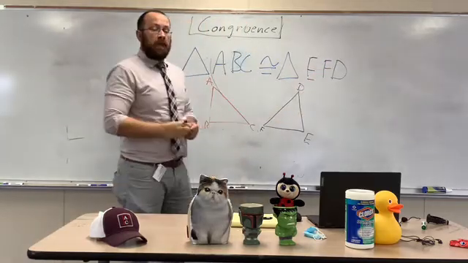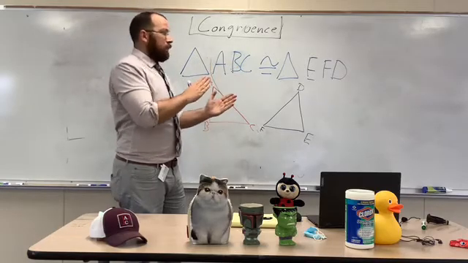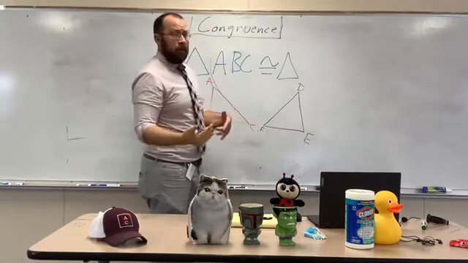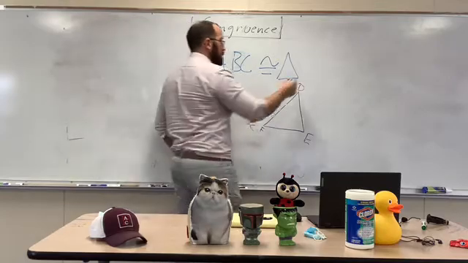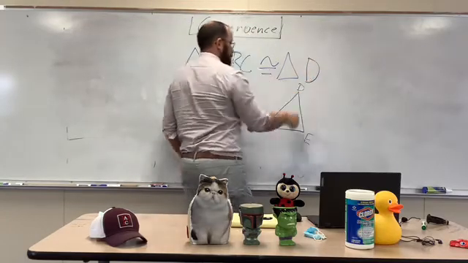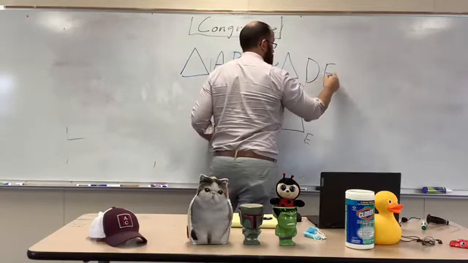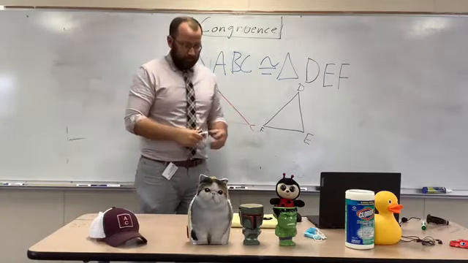It has to be in the exact order of the original to say that it flips over on top of it. And it has to be the corresponding points. So A and D are in the same place if I rotated this and put it on top. E would be on B, and F on C. They have to match up point for point.